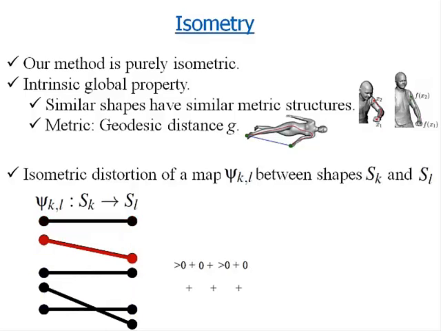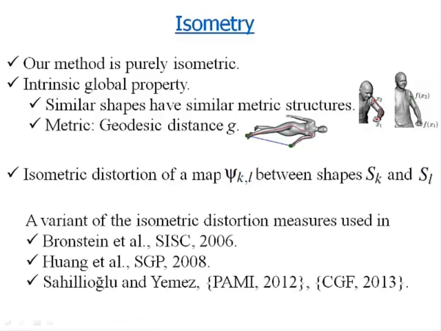And I do the same thing for the other red match, and I go on like this, and I end up with this isometric distortion function, which I will use extensively in the following slides. And this is basically a variant of the isometric distortion measures used in the generalized multidimensional scaling work of Bronstein, or the isometric registration of the Stanford group, or a couple of our works on shape correspondence.